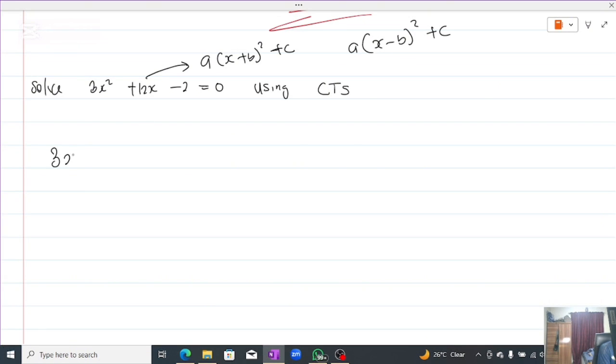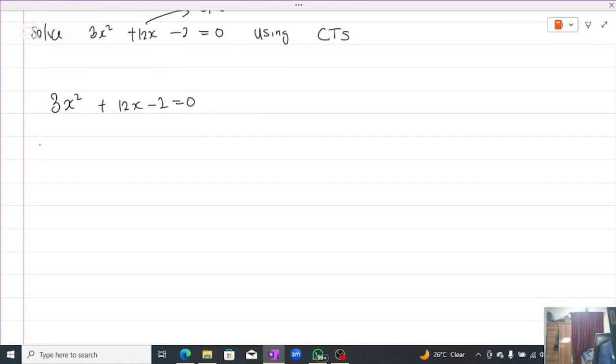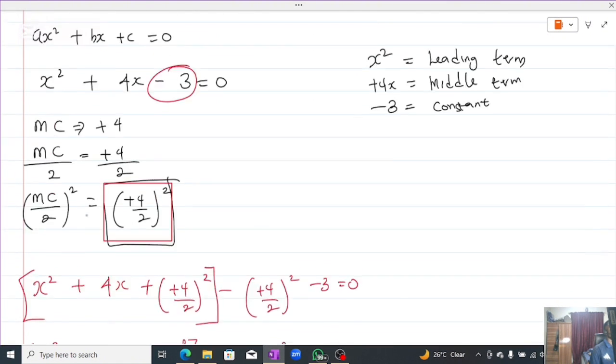So you have 3x squared plus 12x minus 2 equal to 0. So then you factor out the 3. So that will be x squared plus 12x over 3 minus 2 over 3 equal to 0. Then you know how we do the first one.